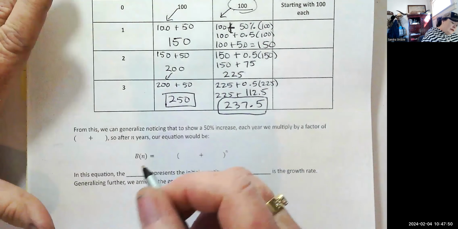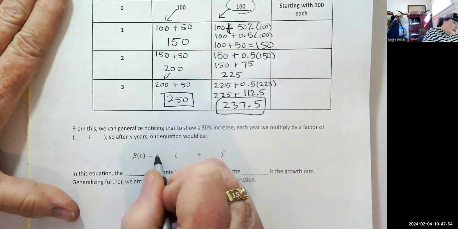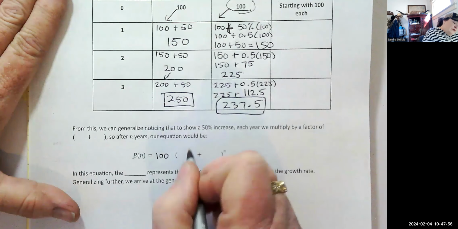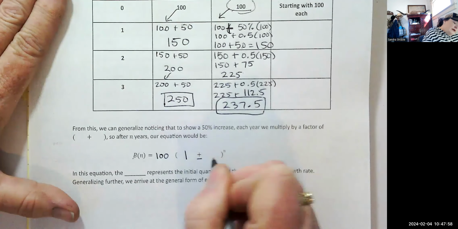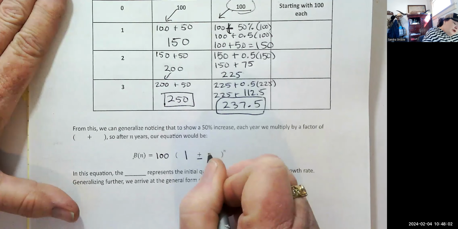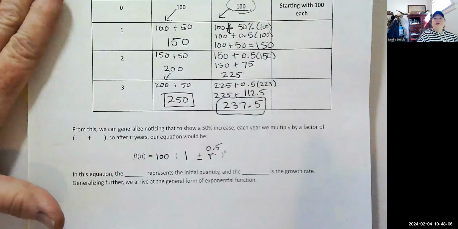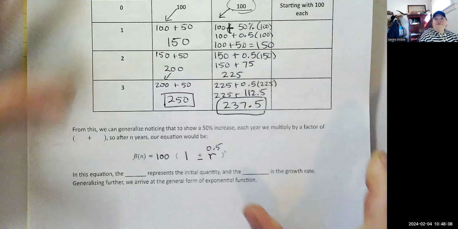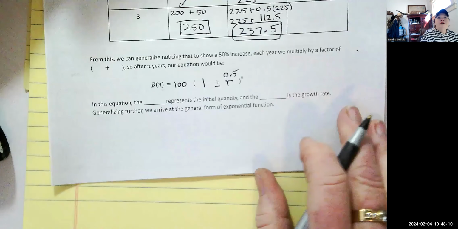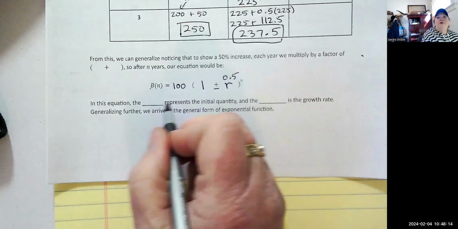So for company B, I would say that they started off with 100 stores, and then it's 1 plus or minus the rate, which is 50%. So this is an R, which would be our 0.5, to a number, to each year.